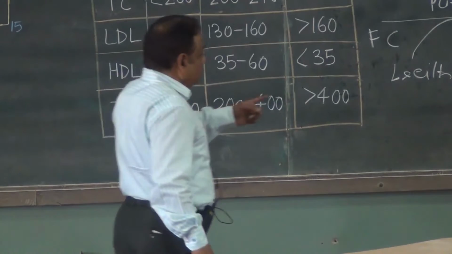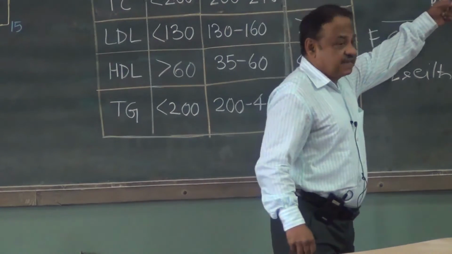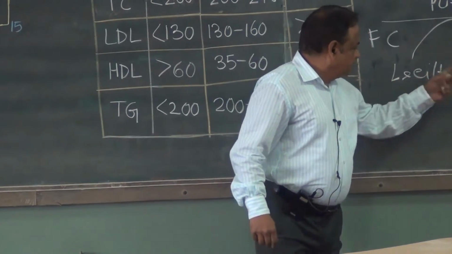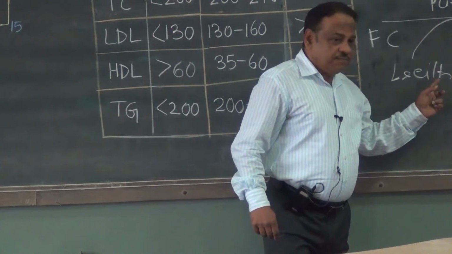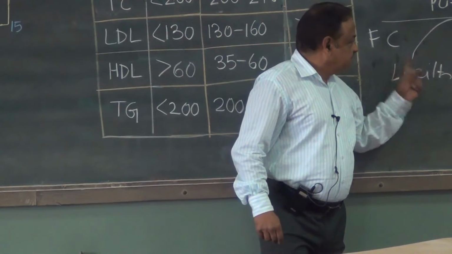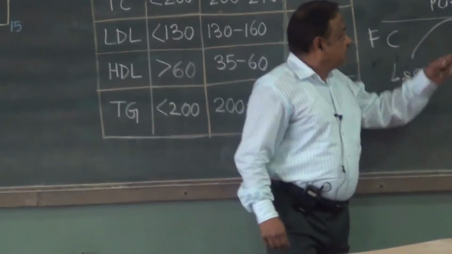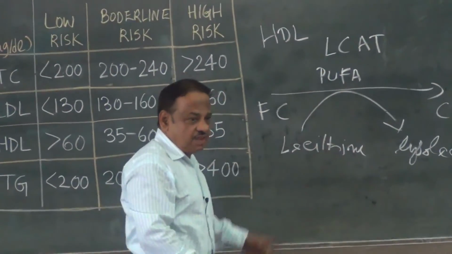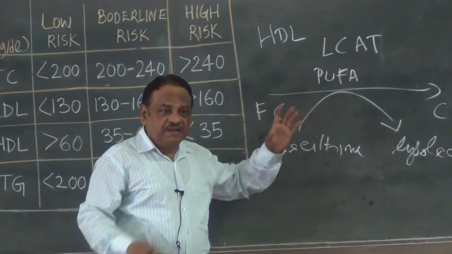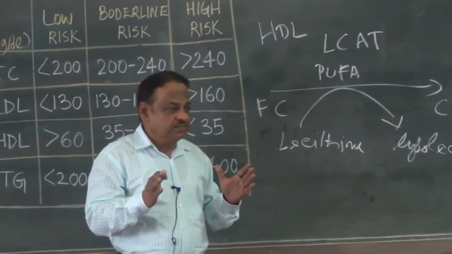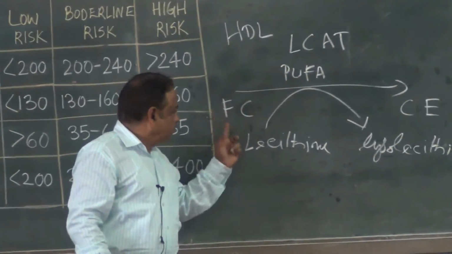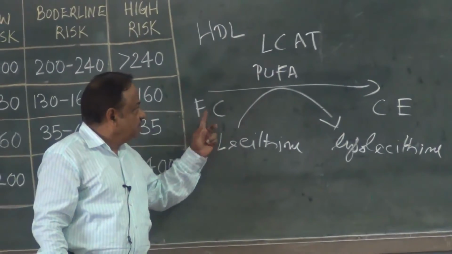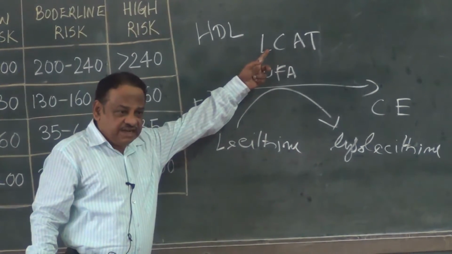Because as I told you, lecithin cholesterol acyl transferase uses the PUFA present in lecithin to esterify cholesterol. The whole thing is present in HDL. You can imagine an HDL molecule consisting of, to start with, free cholesterol. It has this enzyme, LCAT.